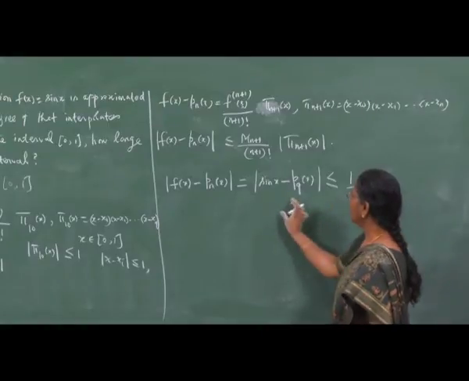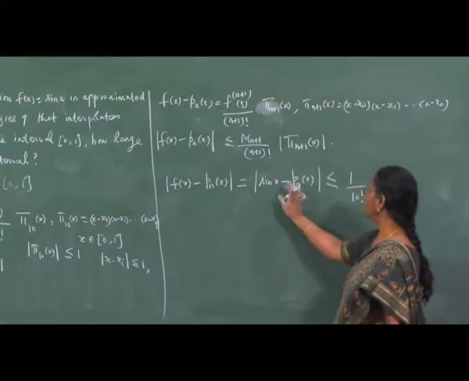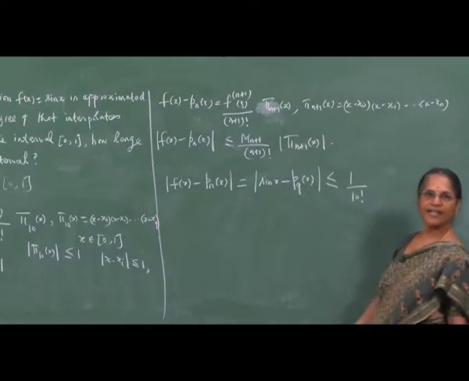Hence the bound on the error in interpolation is less than or equal to 1 by 10 factorial.